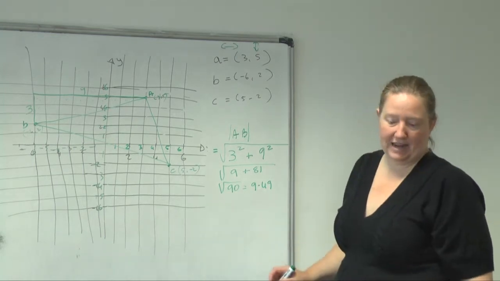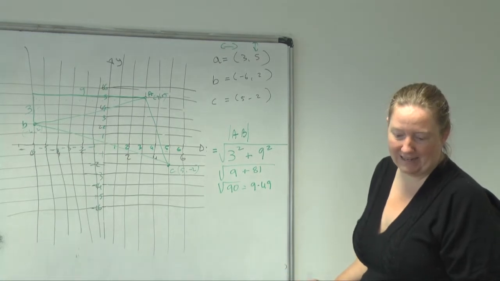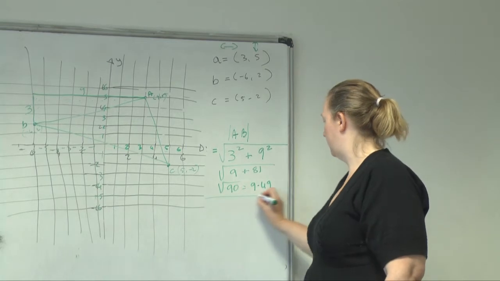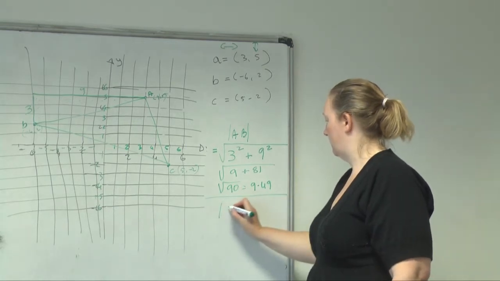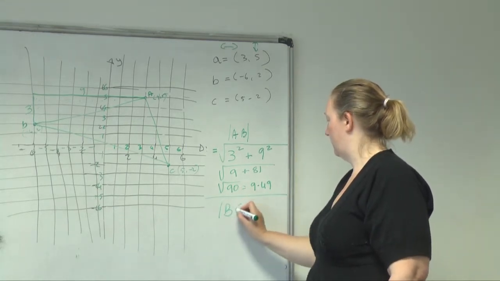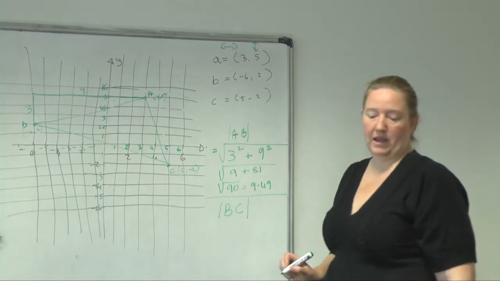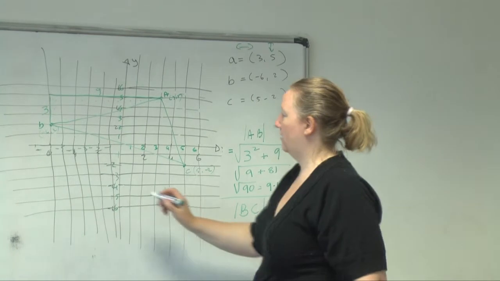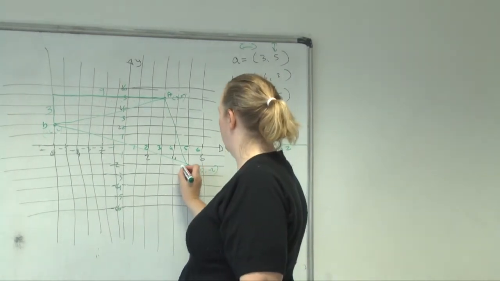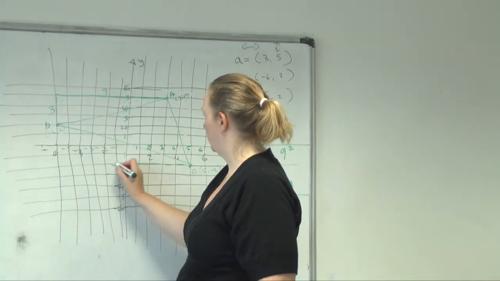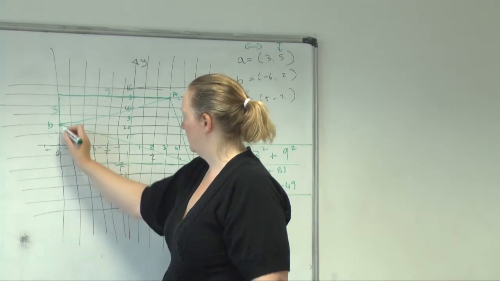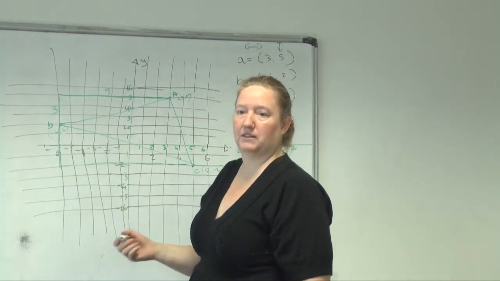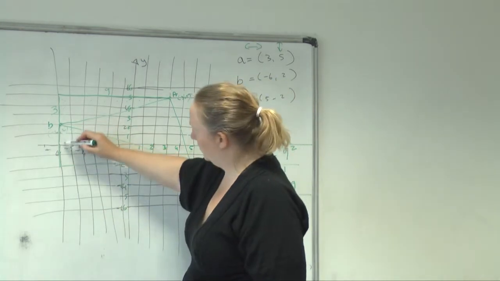The next line you're asked to find is BC. Okay? So BC is this one here. Again, I'm going to turn it into a right angle triangle, and again, I'm going to see how many boxes down and across it is. 1, 2, 3, 4.